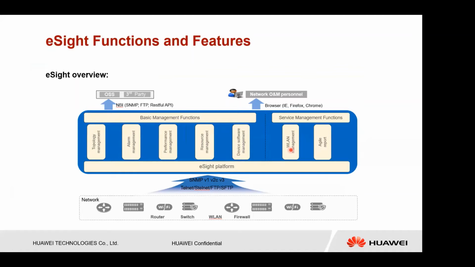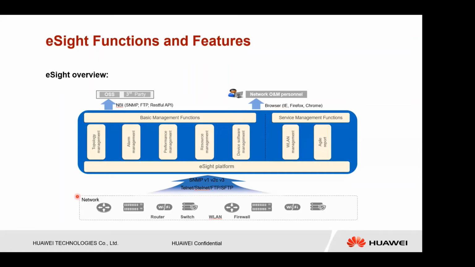As well as we have the WLAN management and also the agile report for the service management function. So eSight can be integrated with a third-party NMS via NBI, and also it can be used by network operation and maintenance personnel. So you can access eSight using a browser through Internet Explorer, Firefox, or Chrome.